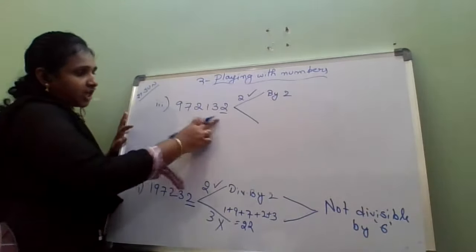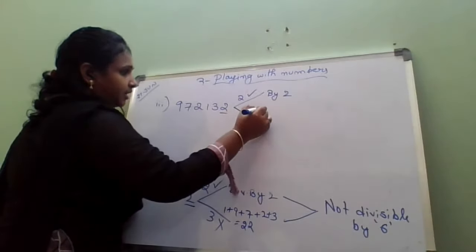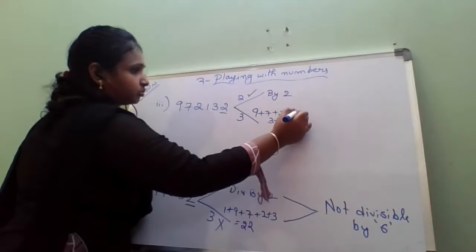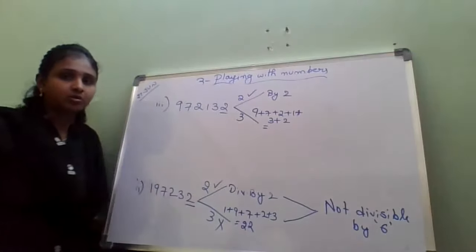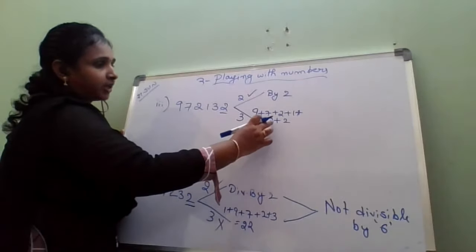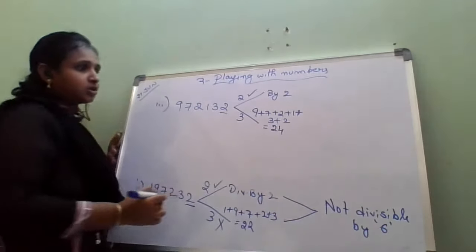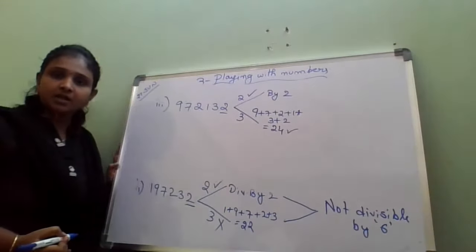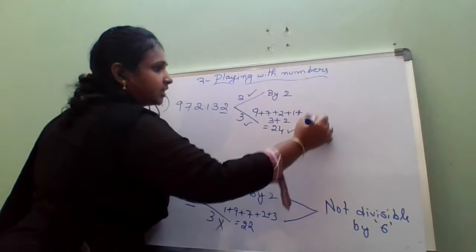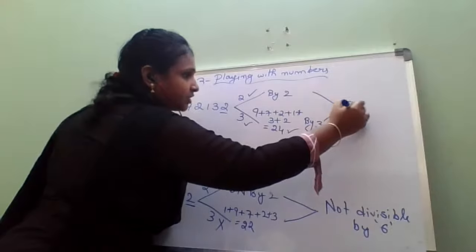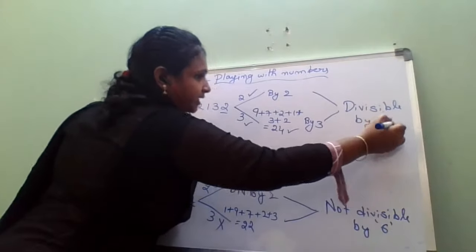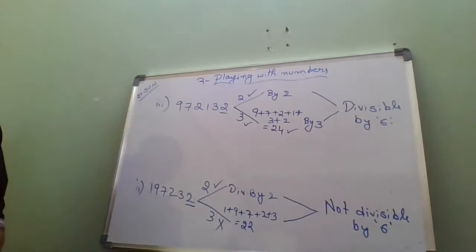Now check sum of the digits: 9 plus 7 plus 2 plus 1 plus 3 plus 2. You will get 9 plus 1, 10, 7 plus 3, 10, 20, so 24. So 24 is divisible by 3. So this number is divisible by 3. So finally this number is divisible by 6.